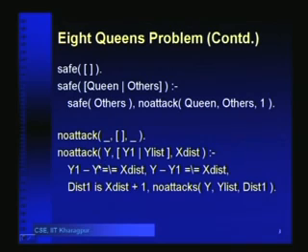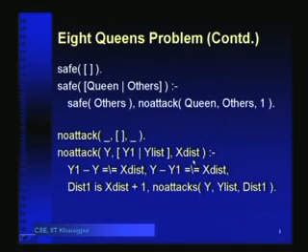So, let us look at this second rule first. We want to check whether this y, which is the leftmost column that we are checking now, attacks the others, and whether it attacks the column at a distance of x dist. Initially our x dist will be 1, because we will call with this, right.